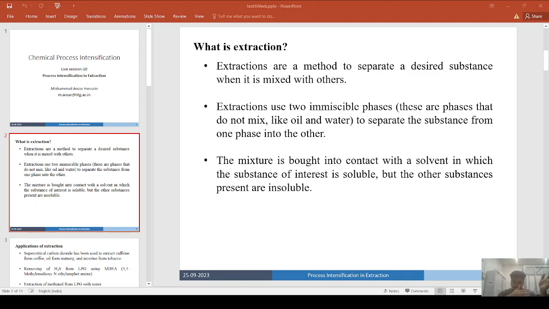The extract is the solvent with the desired solutes which have diffused into it, and the raffinate is the leftover mixture, which is no longer heavily concentrated with the desired material, though it will contain some non-extracted solutes.